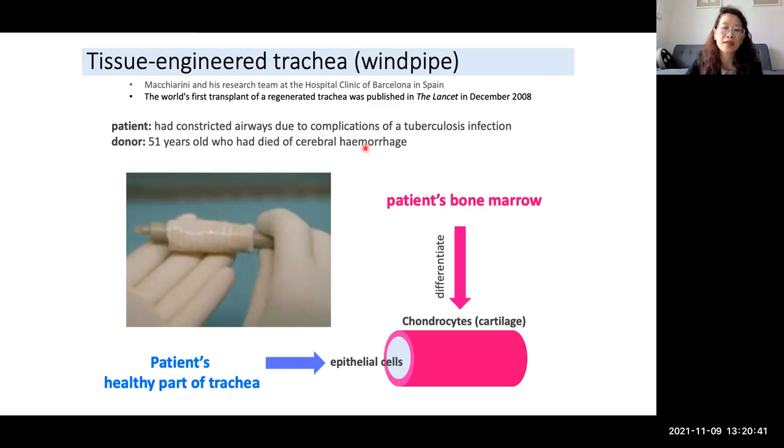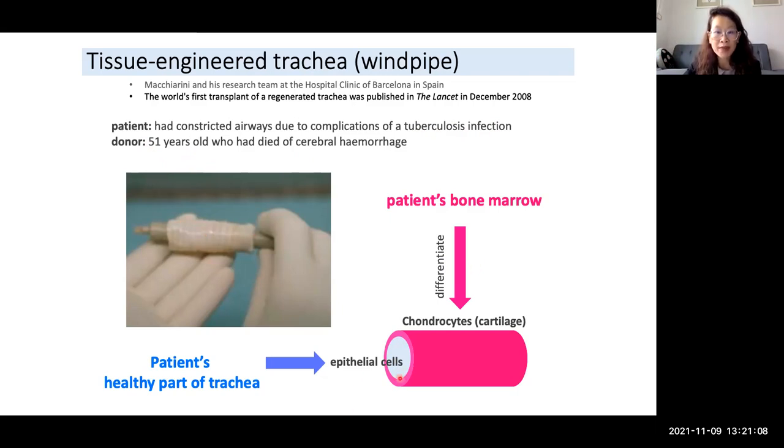The donor is a deceased person. He was 15 years old and his brain had died. So the doctor harvested the trachea of the dead donor, removed the cells, and reseeded the patient's cells. So what's going on is on the right side of the slide.